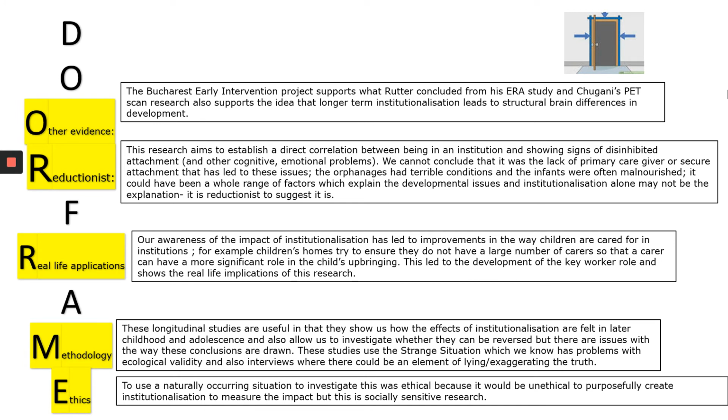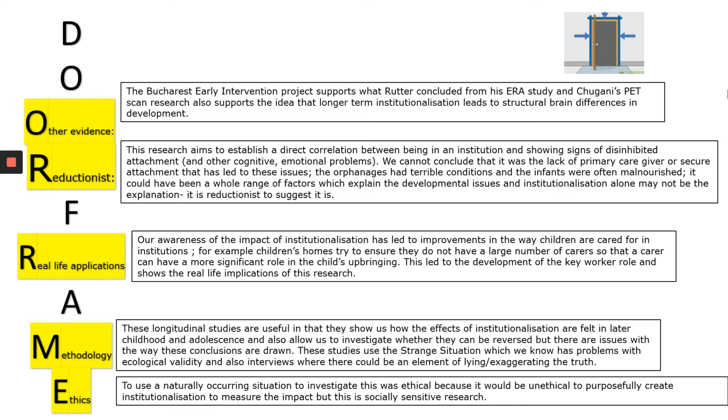What Rutter did was just observe and carry out his longitudinal study of something that had naturally occurred, so that we could look at the conclusions and make changes as a result of it. So when we're thinking about how ethical it was, it was as ethical as it can be in the sense that it was naturally occurring. And that's quite an important point.